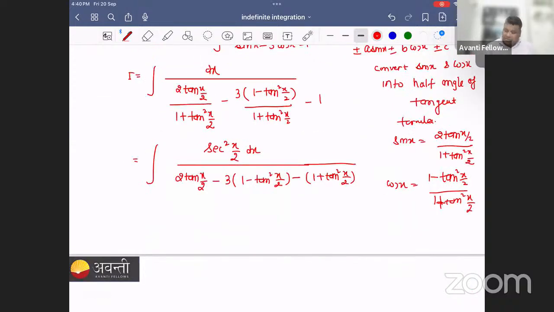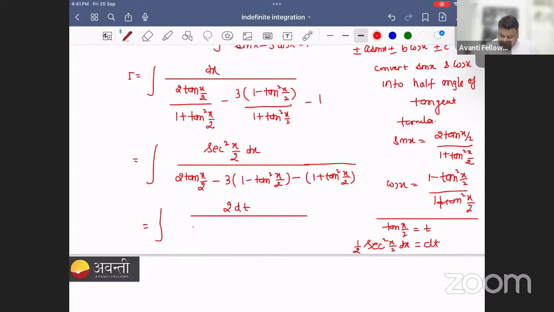Now there will be a substitution. Assume tan x by 2 as t. So in that case, sec square x by 2 into 1 by 2 dx will be dt. So sec square x by 2 dx became 2 dt upon 2t minus 3 plus 3t square minus 1 minus t square.